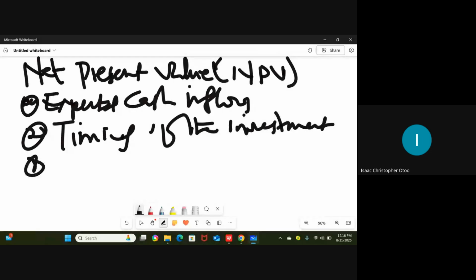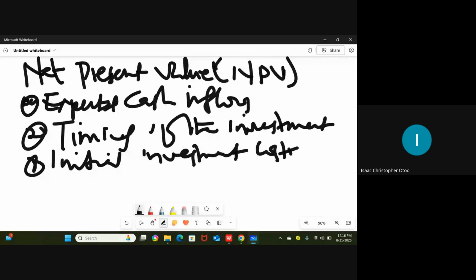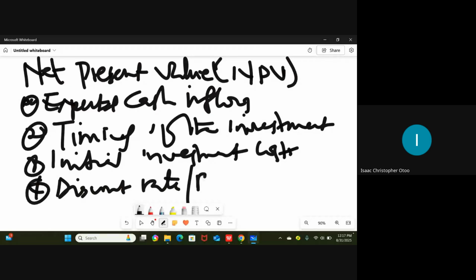Then three, we need the initial investment cost. Then four, we need what is called the discount rate or rate of return.